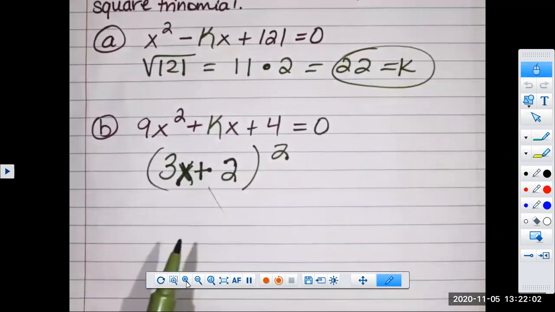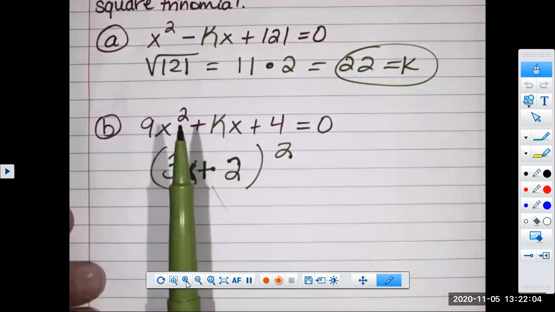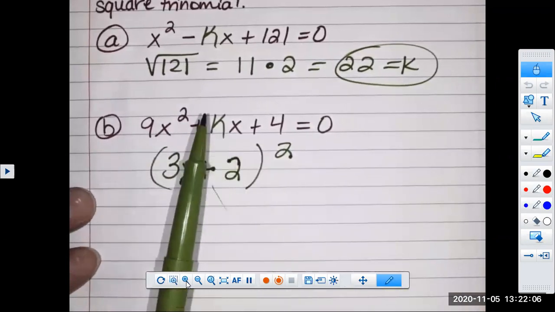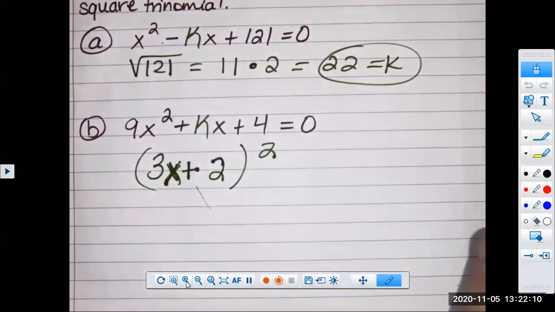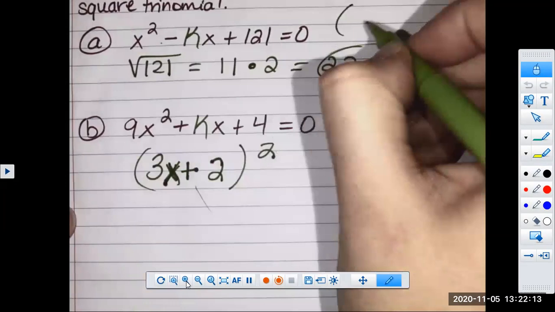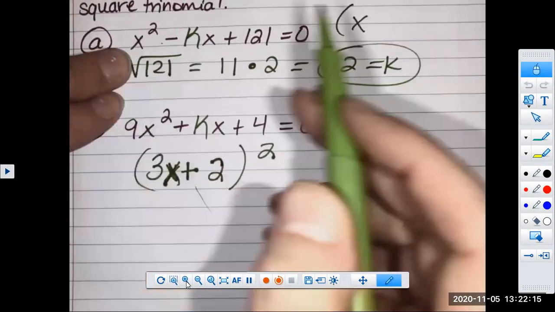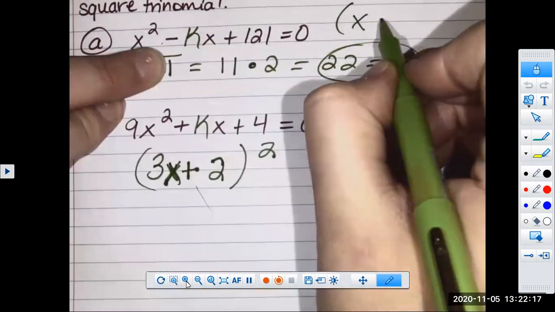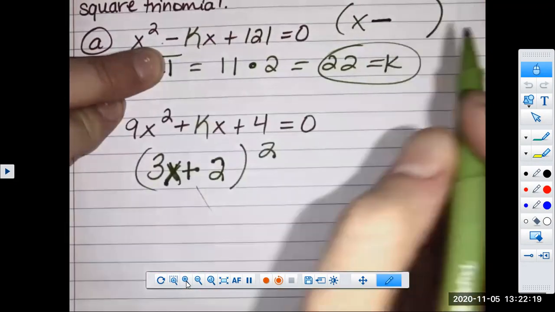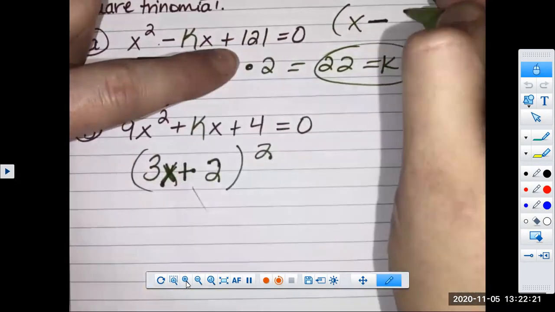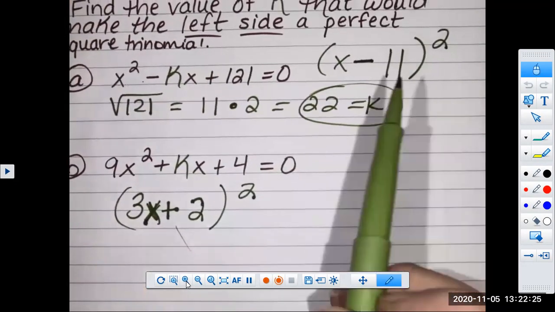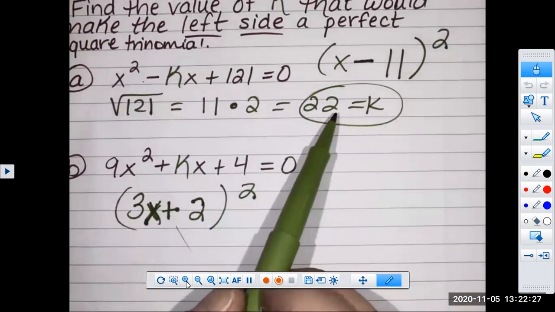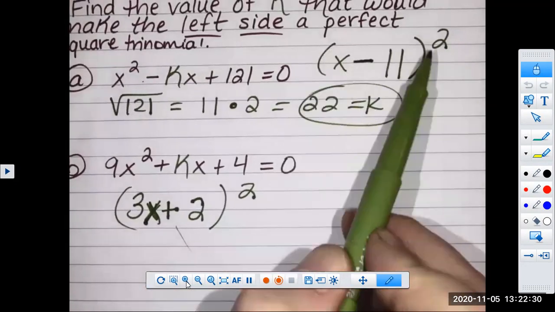Look, you actually get this middle term. I'm going to show you the same way as in A. If I take the square root of that, and then remember the sign in the middle comes from that middle, and then remember the number at the end was always the square root of that number. What did we get for K? What can you do with this number?